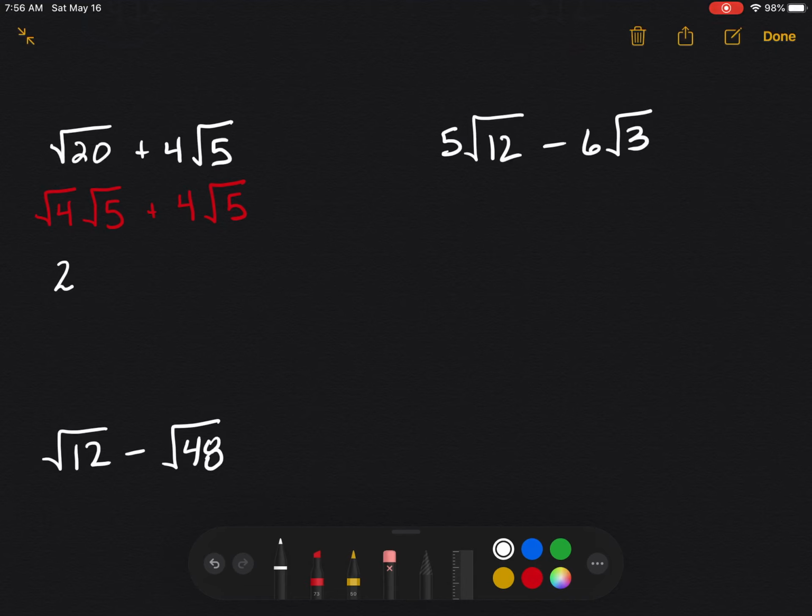It's essentially just its root now. 2 square root of 5 plus 4 square root of 5, and I'll make these 5s the same so that you can see that that was my goal, right? I got radical 5s for both of those. So now I can add 2 plus 4 is 6, and I keep the radical 5, and there is my answer.